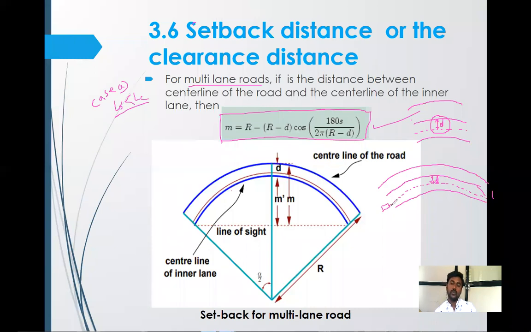Whenever we are dealing with a multi-lane road, we always have to consider the vehicle which is in the inner lane. The vehicle in the outer lane has more road length to travel, so it will have more side distance, but the vehicle in the inner lane travels a shorter path and will have less side distance.